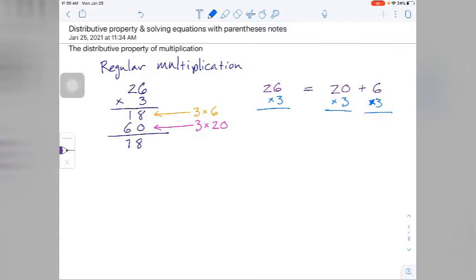So my answer is 26 times 3 is 78. 20 times 3 is 60. And 6 times 3 is 18. So if you understand this, then you understand the distributive property of multiplication.